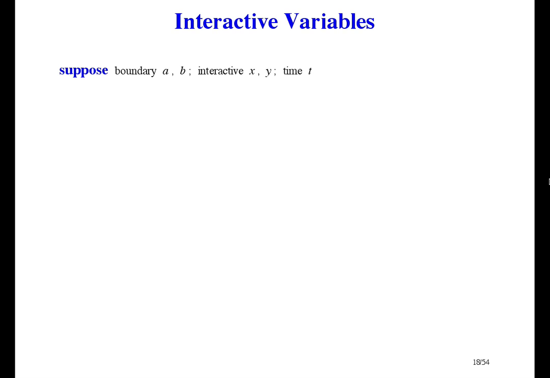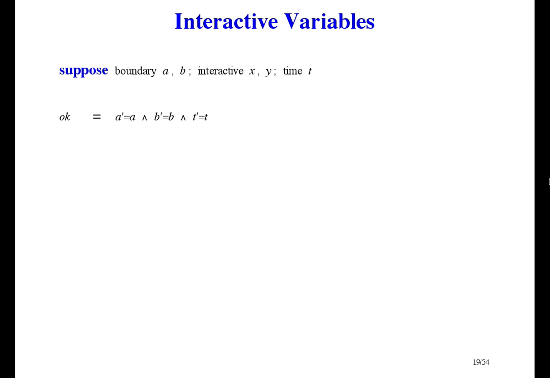Here's what happens to programming theory when we add interactive variables. Suppose we have a couple of boundary variables a and b, and a couple of interactive variables x and y, and the time variable t. OK means a prime equals a, and b prime equals b, and t prime equals t.